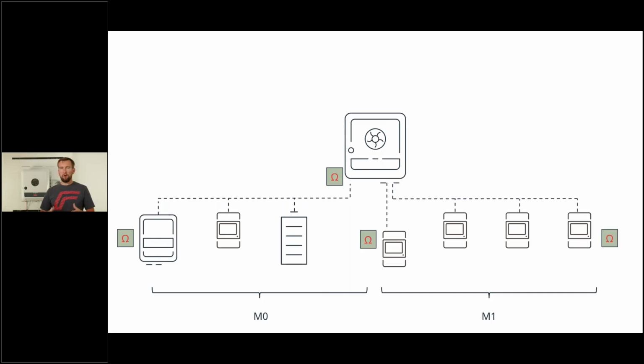Making things slightly more complicated, we can also have 2 Modbus series, and we can switch those differently. We said we have 2 switches for the Modbus termination on the inverter, one for M0 and one for M1. Now these are completely separate Modbus series.